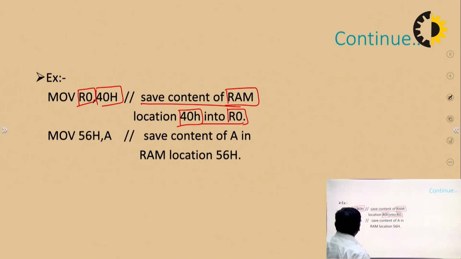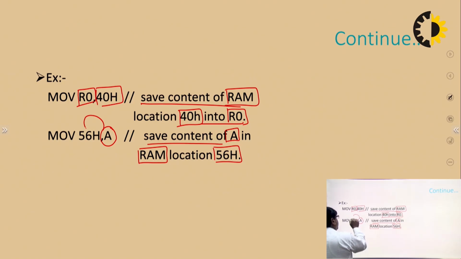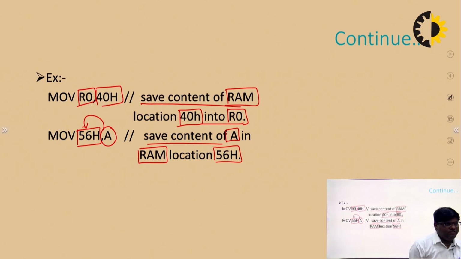That is, save the content of A in RAM. What is the location? 50H. The content of A is saved into the memory location known as 50H, which is associated with the RAM.